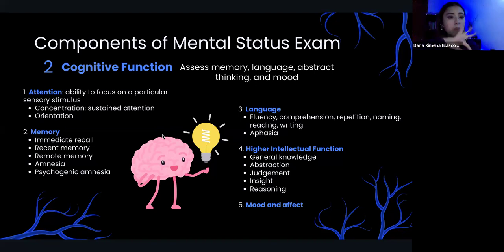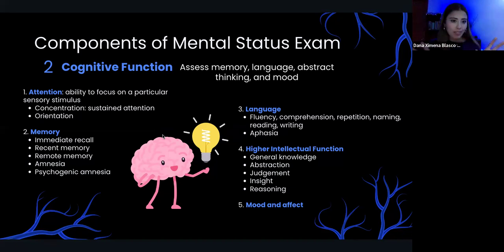And number three, language. In language, you're going to assess fluency, comprehension, repetition, naming, reading, and writing. So the patient has to be fully able to do all of these language tasks. If we have a disorder or an impairment in our language, the patient is going to have something called aphasia.